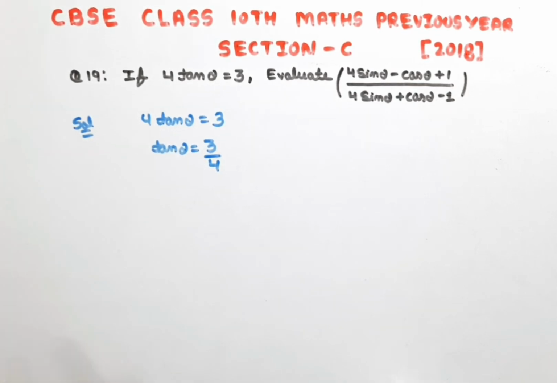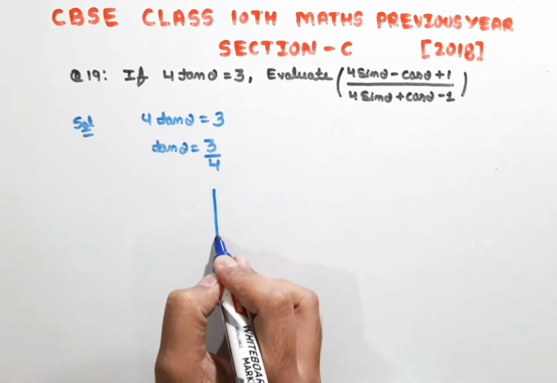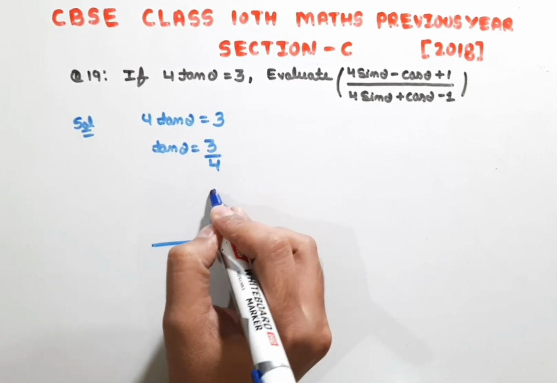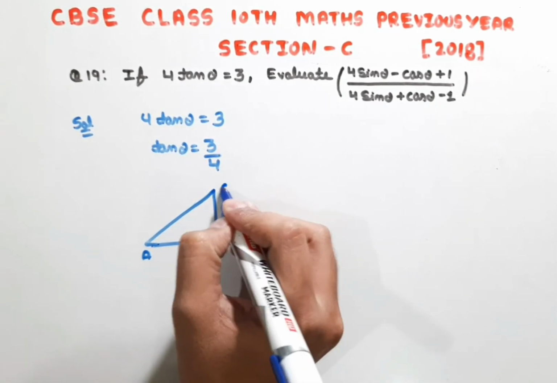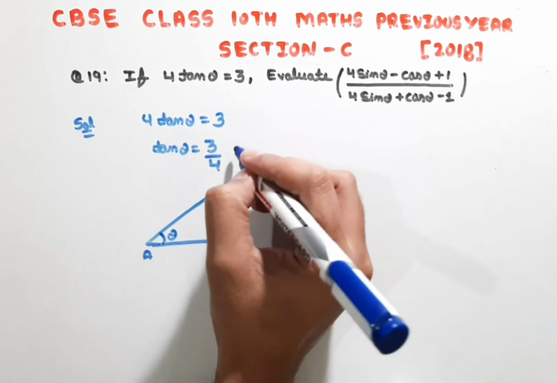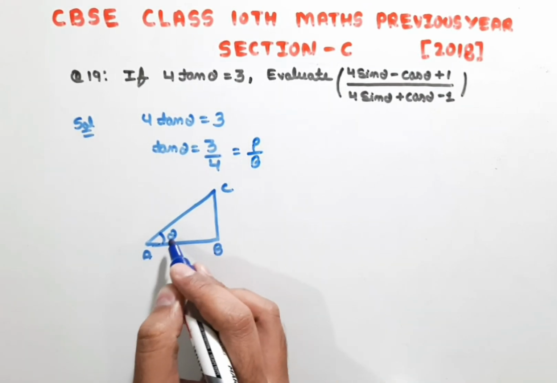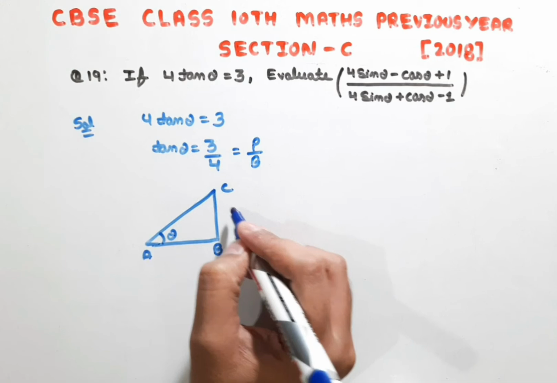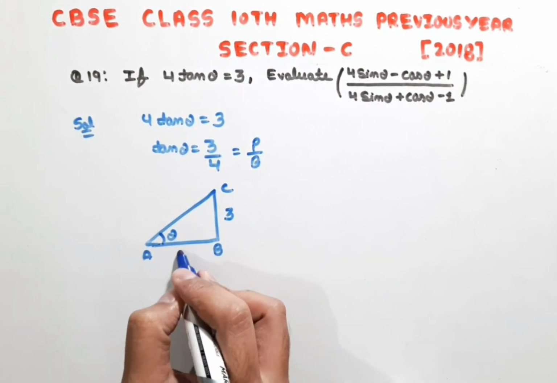Now, we will draw a right angle triangle ABC. Let angle A be theta. So we know that tan theta will be equal to perpendicular upon base. So with respect to angle theta, our perpendicular will be BC, that is equal to 3, and base will be AB, that is equal to 4.